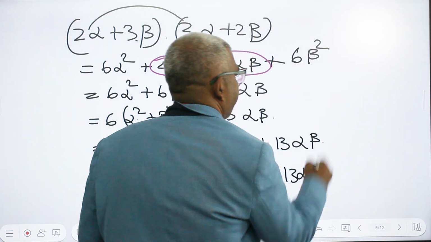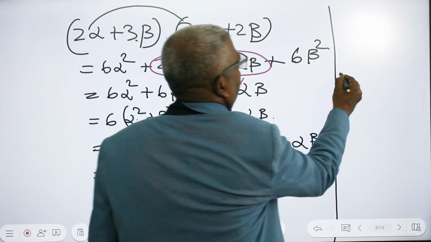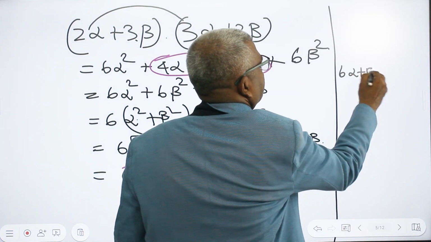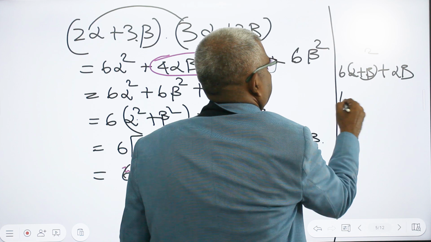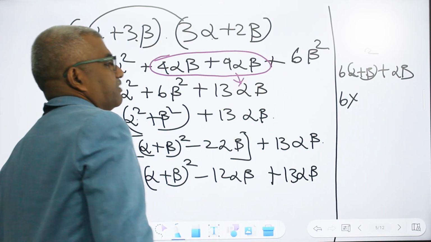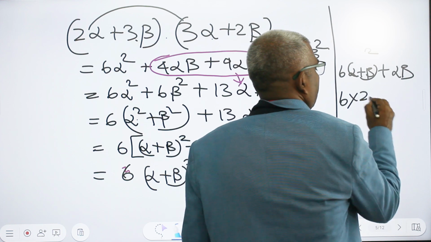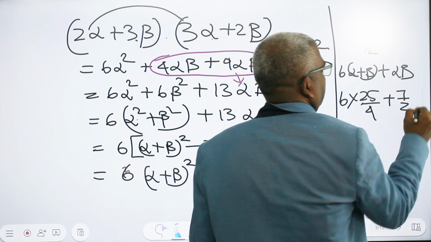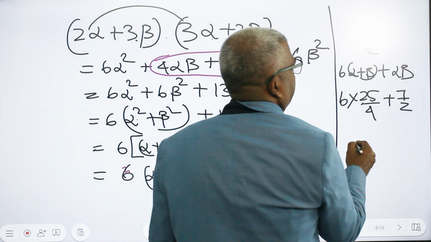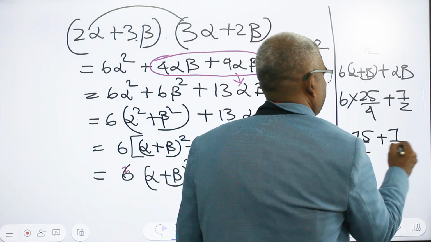That is nothing but 6 times alpha plus beta whole squared plus alpha beta. Alpha plus beta is 5 by 2. 5 by 2 squared is 25 by 4, plus alpha beta is 7 by 2. This will be 150 by 4, 75 by 2 plus 7 by 2.